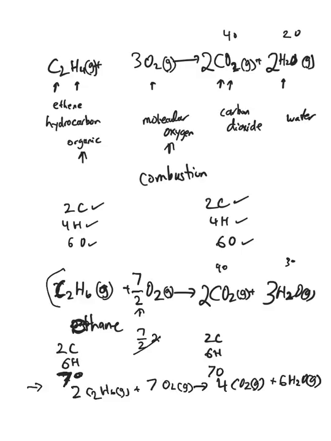Just to prove that my atoms balance, I've got 2 times 2 are 4 carbons, 2 times 6 are 12 hydrogens, and 7 times 2 are 14 oxygens on the reactant side. On the product side, I've got 4 carbons.